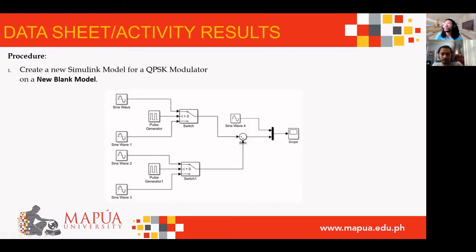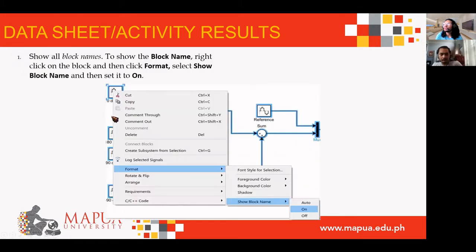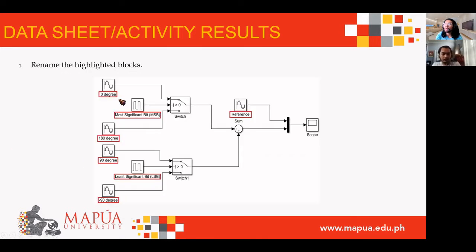So next is the procedure for the activity, in which we need to create a Simulink model for a QPSK modulator on a new blank model in MATLAB Simulink. Then show all the block names and format them so that block name is always set to on. Then we rename the blocks for the corresponding function names, like 0 degrees, 180 degrees, 90 degrees, and negative 90 degrees for the initial inputs.